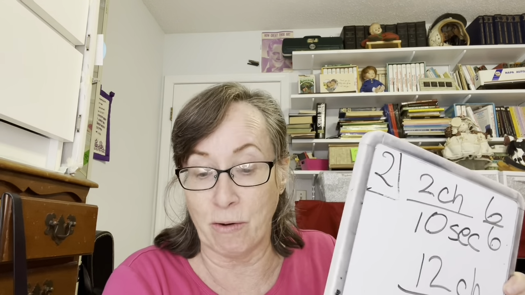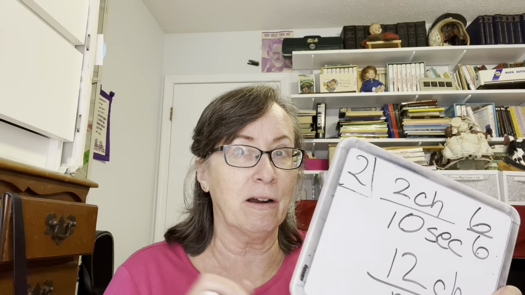Do you see how to compare the three rates? I didn't leave them at 8 chops per 30 seconds. I changed everything to where it had a minute on the denominator, and then I was able to compare the rates that he was going.